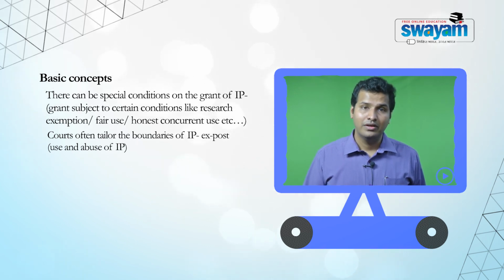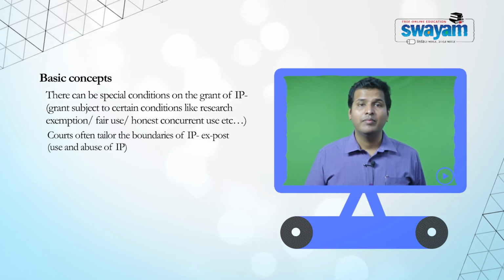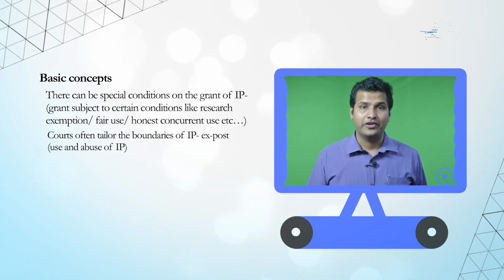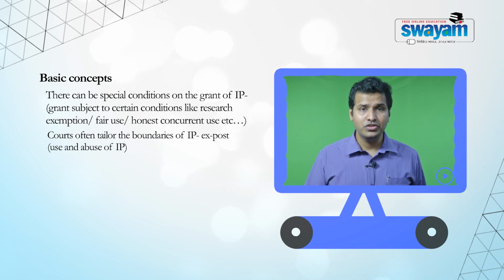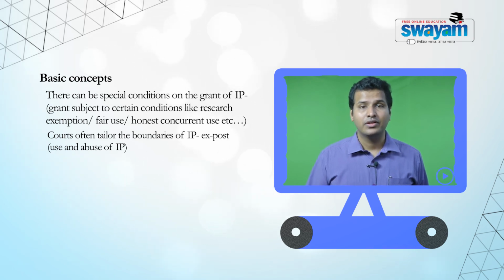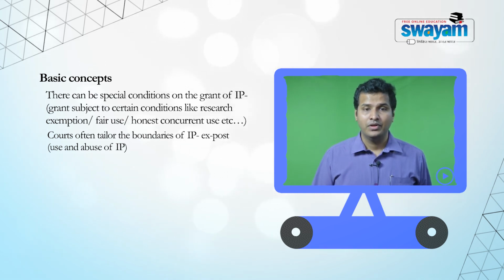Until then, copyright requires a very basic minimum level of creativity, which is called the criterion of originality, which only when challenged in the court of law can be conclusively determined. So, courts can often tailor the requirements of monopoly and also tailor the boundaries of intellectual property.